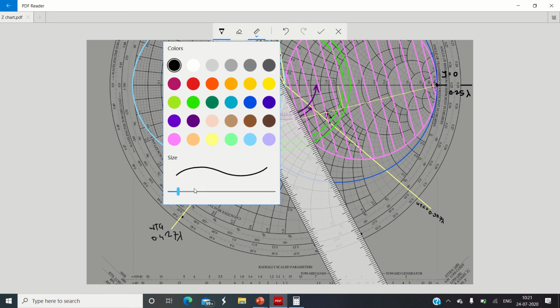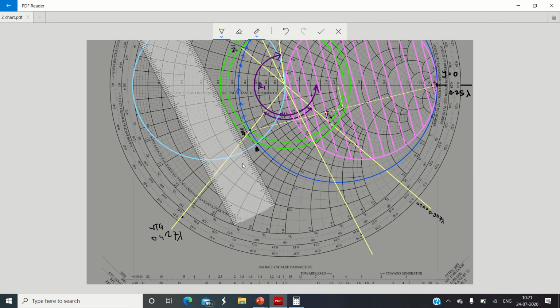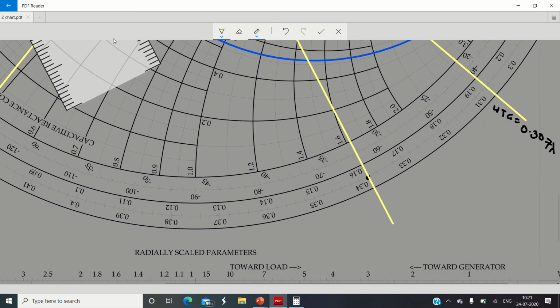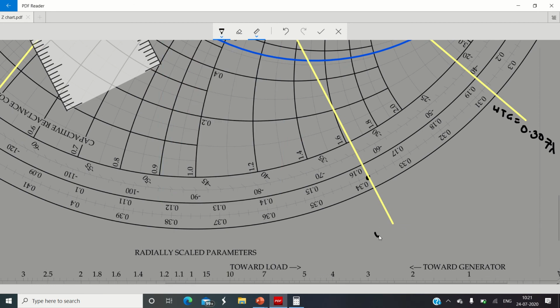Again, take the yellow scale, decrease the thickness to 2, and simply draw a line. Here I will denote the WTG, which is 0.338 lambda, so I will write that.